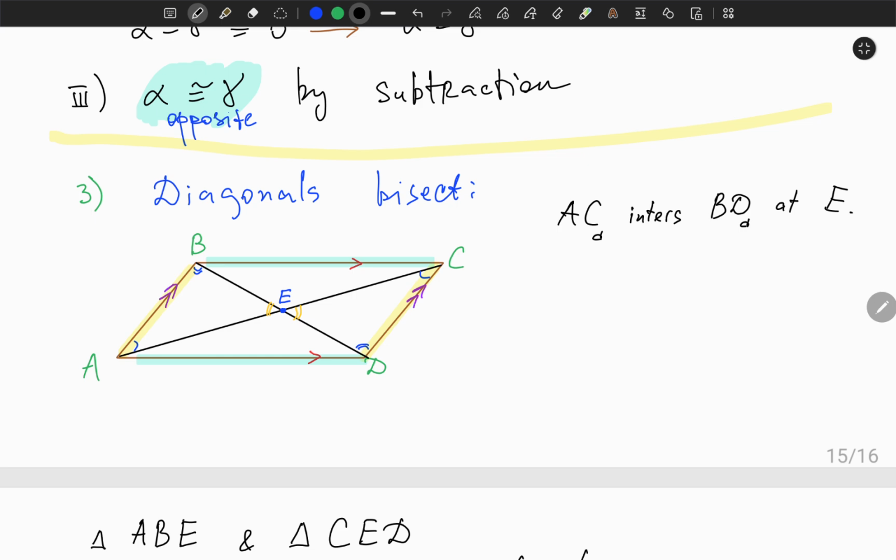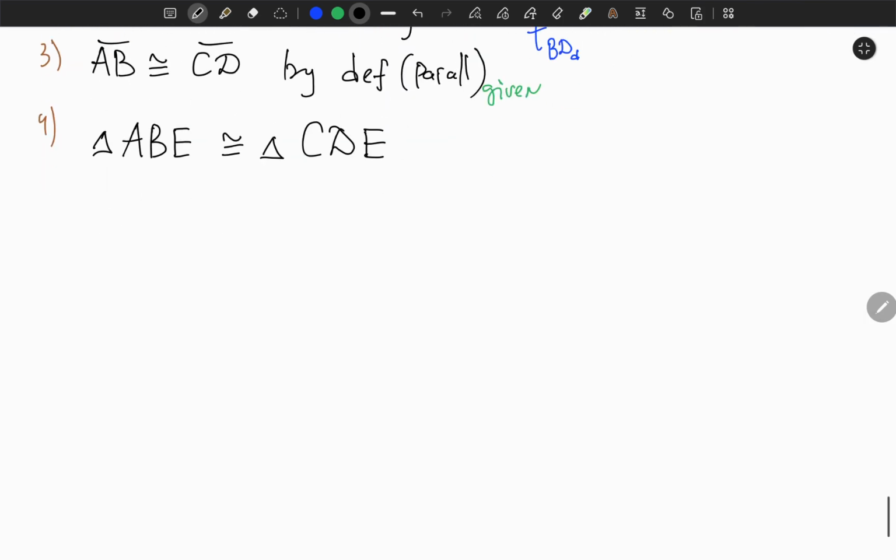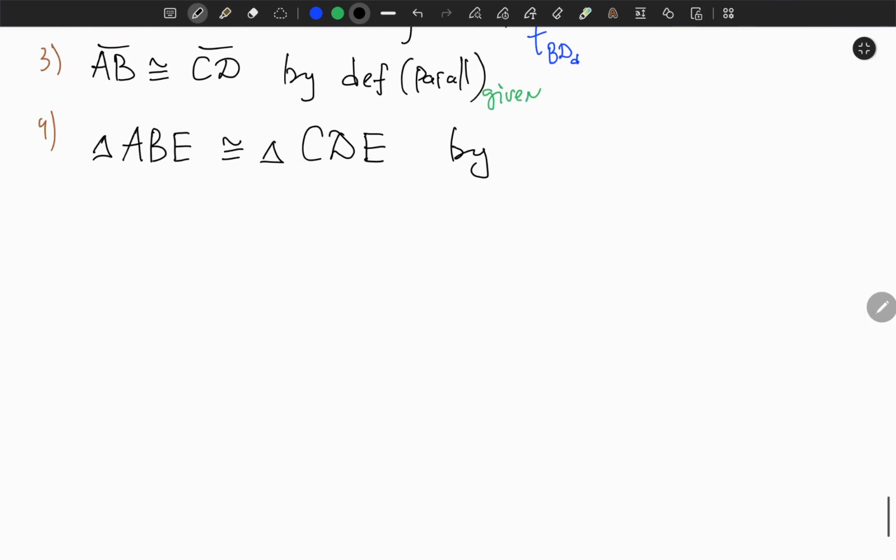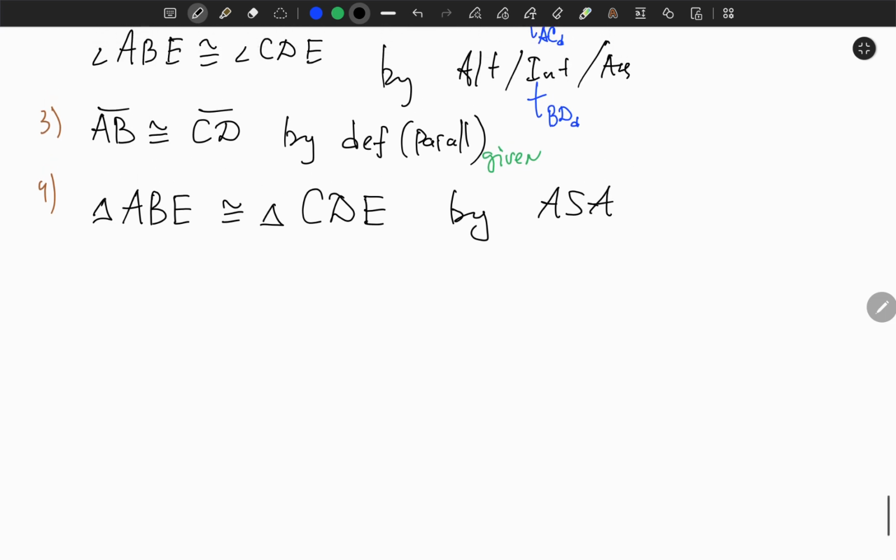Now, if the triangles are congruent, their corresponding parts are congruent. Let's see, number 5.